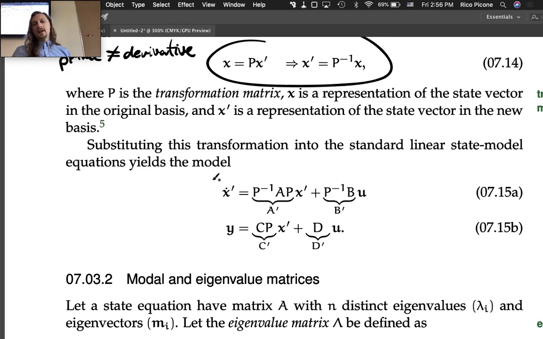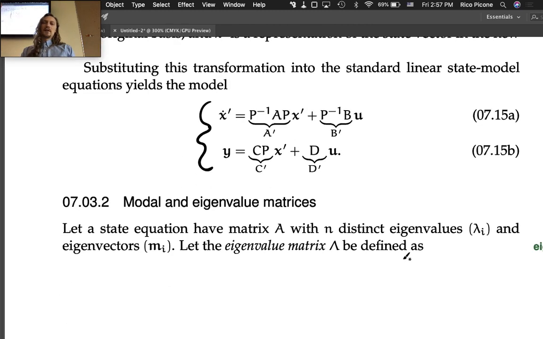That's our new primed basis state model, which is totally fine. So if you start off with a state model in your original basis and want to transform it to the new basis, all you have to do is take that basis transformation matrix P, plug it in, and find your new A, B, C, and D matrices. They're primed versions. That's generally true.